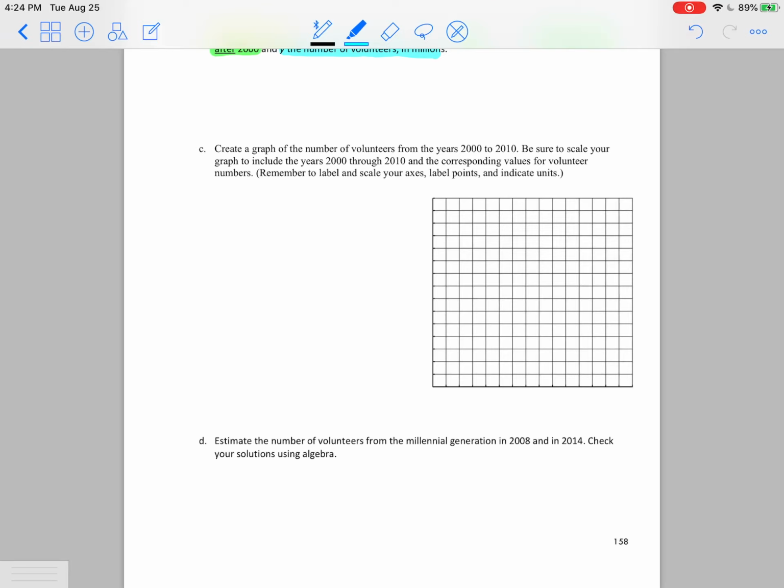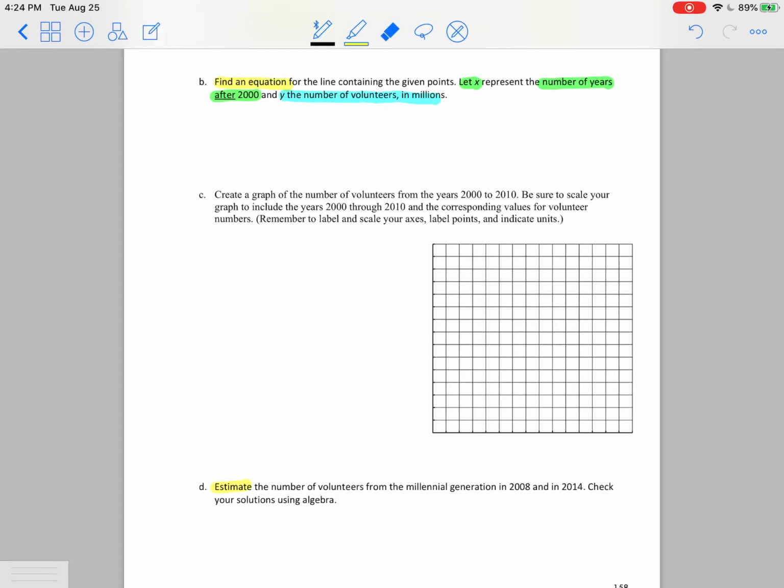Now, for those of you who like to do the estimating, you can wait till the end. You're just going to look at your graph and estimate. If we remember that we're estimating the number of volunteers, we can see in B that y is the number of volunteers, right?